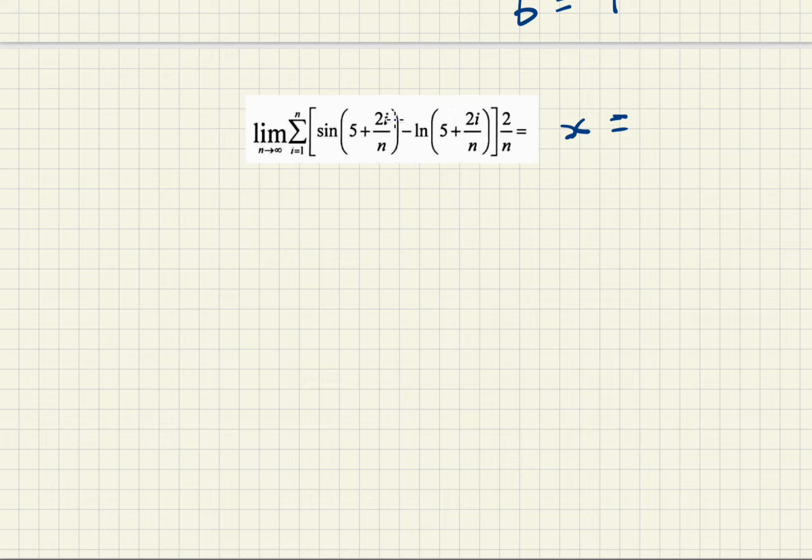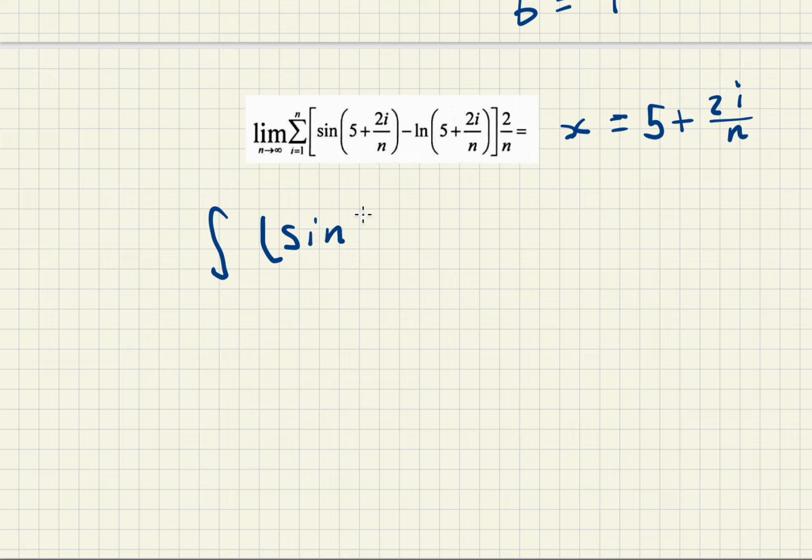Here we can identify that's 5 plus 2i over n, which works because it contains the term i over n, right? And incredibly similar to the previous questions, we can first write the integral notation, and then replace the 5 plus 2i over n with x.